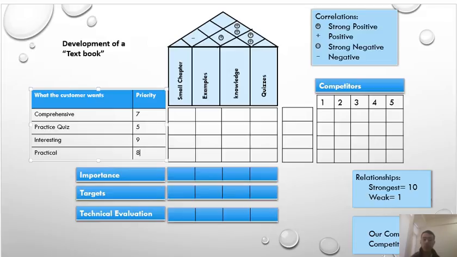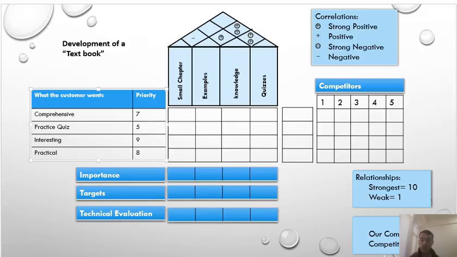Based on this I come up with the correlations. Let's suppose we see that between small chapters and examples there is a negative correlation between these two product requirements, because if I give more examples in the book, it would be more lengthy.